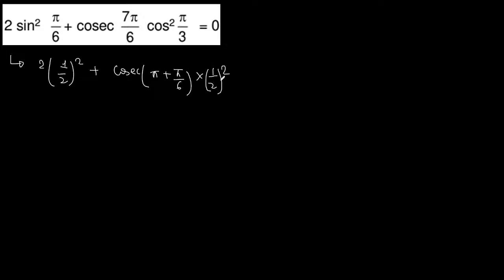Yes, 60 degree is 1 by 2 whole square. Using class 10th method, we can say that 2 by 4 plus cosec 180 plus theta. Cosec 180 plus theta is minus cosec theta.